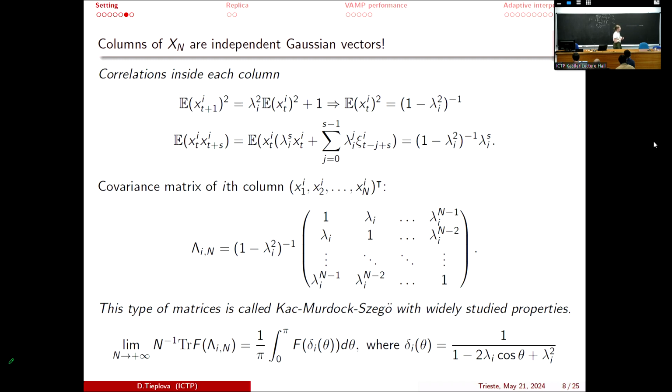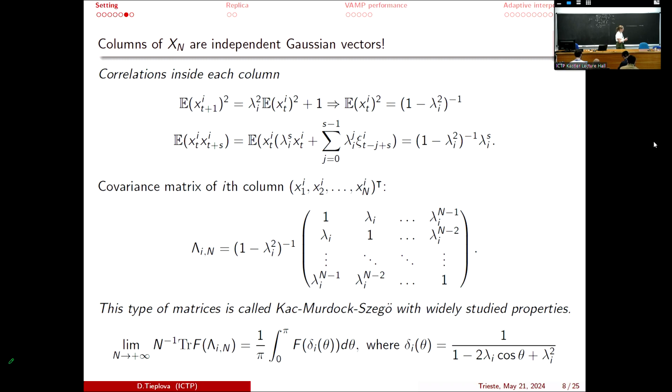But we do know that if you want to find its eigenvalues, you will need the so-called generating function, which is in the very right corner. This is delta_i(theta), the generating function of our matrices with parameter lambda_i.